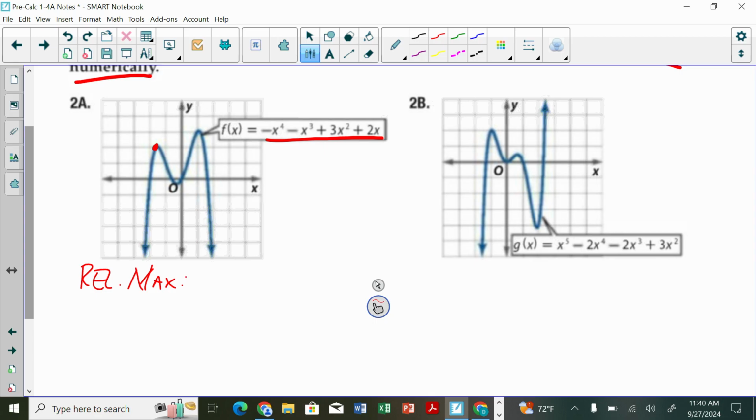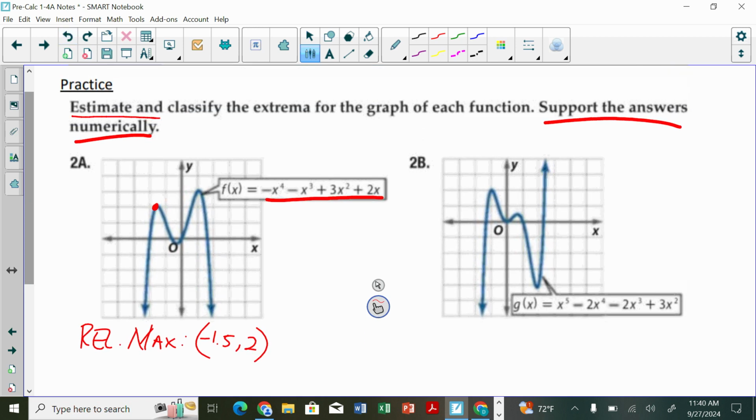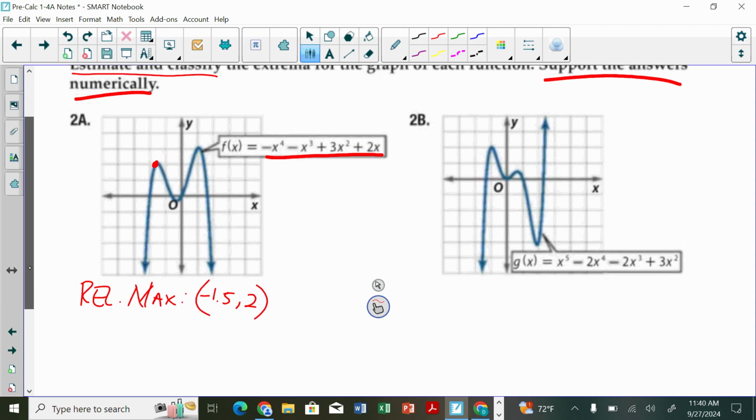And that point, if we just estimated, looks like it's at, say, on x, maybe negative 1.5, and then our y value is slightly over 2. So if we're just to estimate it, like it says here, estimate, you get that for us.